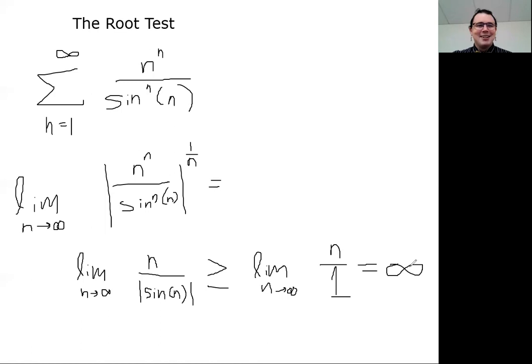That is nearly a redundant statement. So this limit here has to be a quantity greater than or equal to positive infinity. And there's only one quantity that could be, positive infinity. So once again, I've calculated my limit and I got, well, I didn't get a real number, but I got positive infinity, which is greater than 1. So the root test tells me that this series is divergent. And we're done.